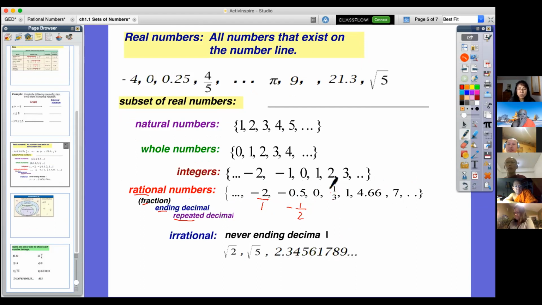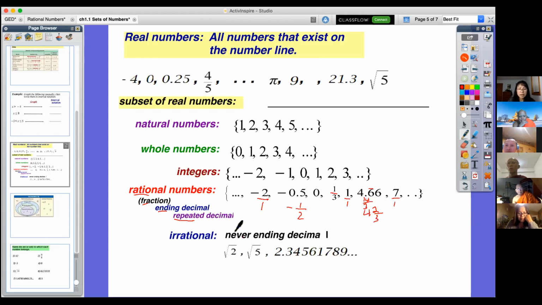This is 1/3, so it's a rational number. 1, I can write as 1/1, so it's a fraction. A repeated decimal, well, 4.666 would be 4 2/3, since 0.66 is 2/3, so that's 14/3. If you take 14 divided by 3, you get 4.66666666. So a repeated decimal is also a fraction, because I can write it as 14/3.